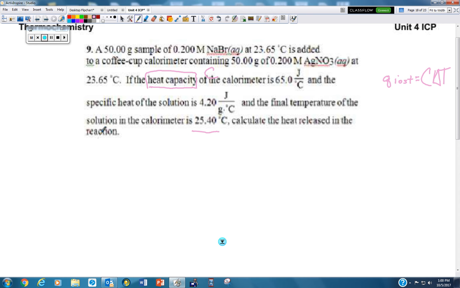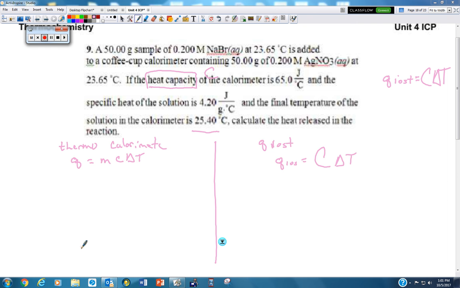So we're going to have to do a couple of things here. Let's just start on the left side with the thermo calculation.